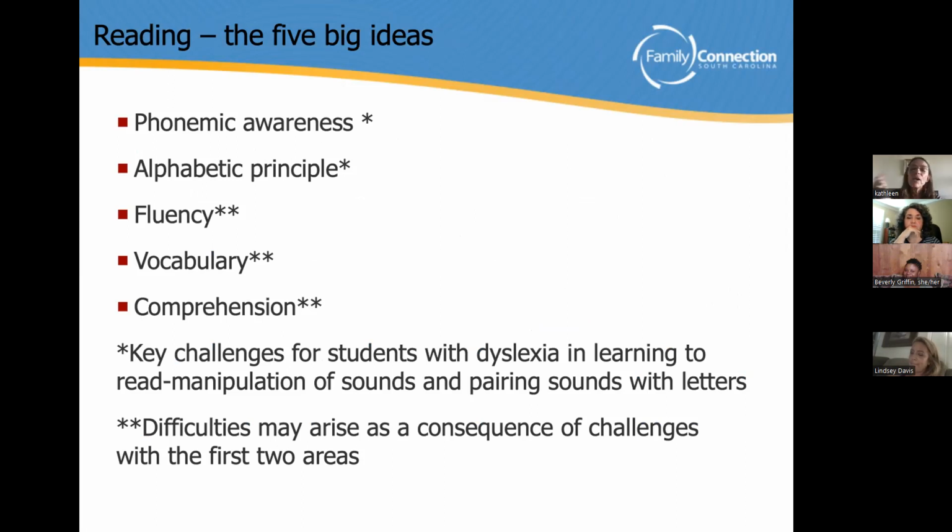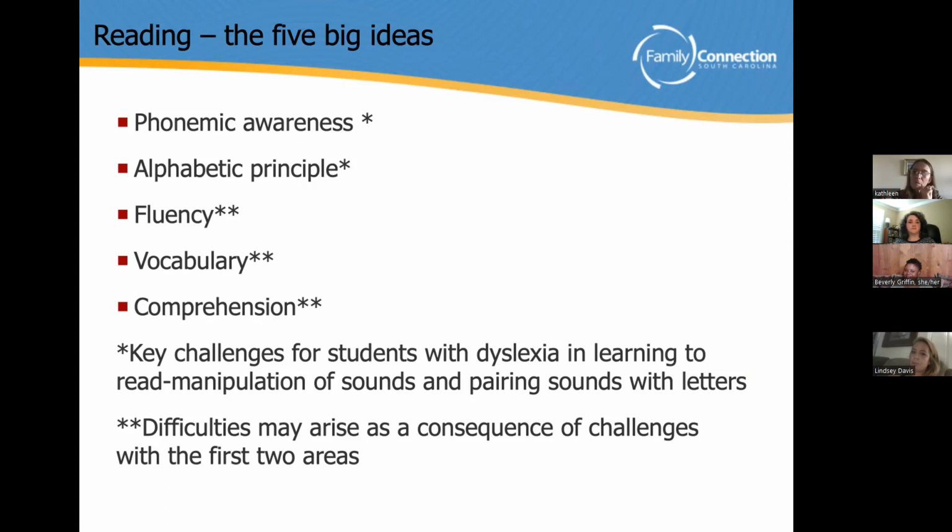Phonemic awareness refers to the auditory part of it: rhyming words, which words start with similar sounds. Can you tell me the sound at the end of the word cat? You don't have to look at a letter. You don't have to do anything. That's what that is. And we're going to look at each of these in more detail.